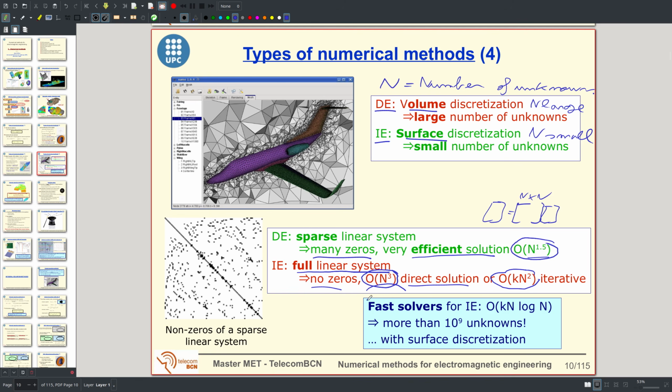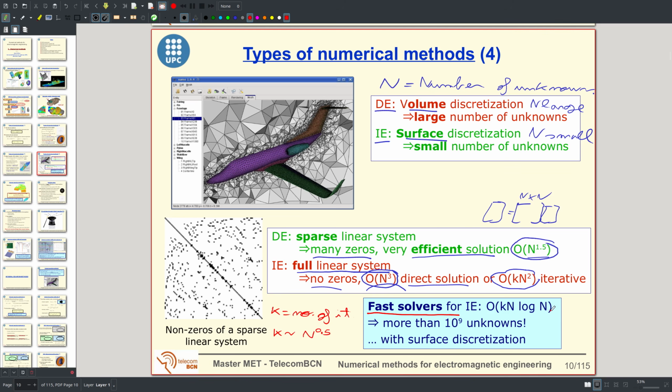However, for very large objects, we can use a fast solver. Remember that I mentioned before that we have fast solvers that allow the solution of iterative methods not in k n squared, but in k n log n. K is the number of iterations, and usually k is, let's say, something of order n to 0.5, for example.